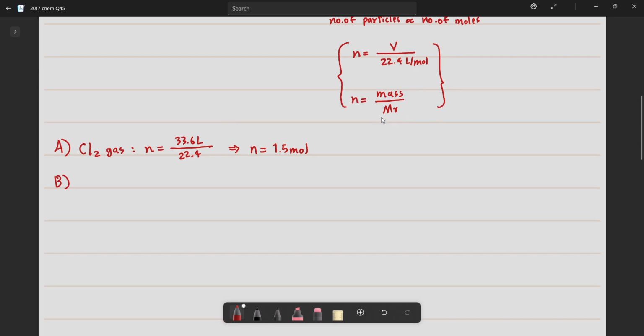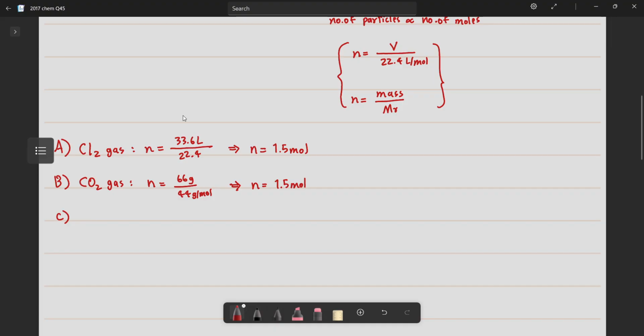Now for option B, we have carbon dioxide gas with 66 grams. We're going to use the basic formula: moles equals mass divided by molar mass. For carbon dioxide, the molar mass is 44 grams per mole. So moles equals 1.5 moles, the same as option A. So we'll ignore both options.